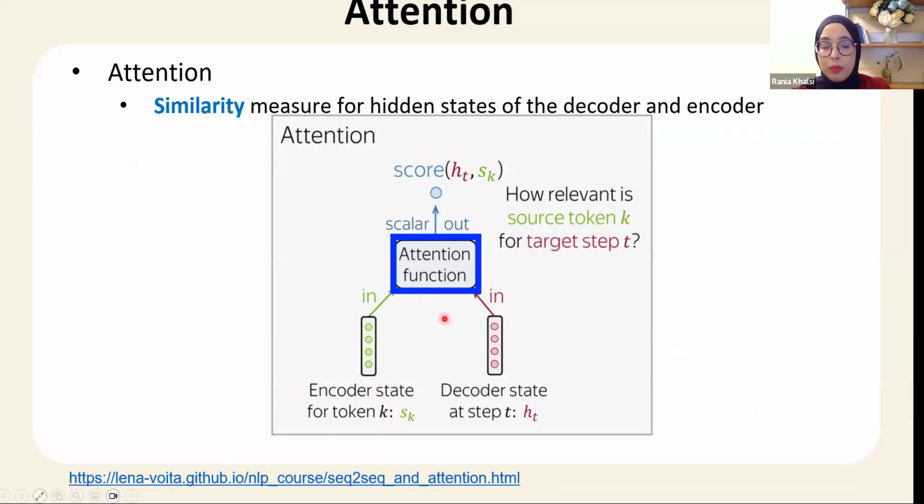In practice, this involves applying a mathematical function, and this function quantifies how close these two vectors are. This is what we call an attention function.